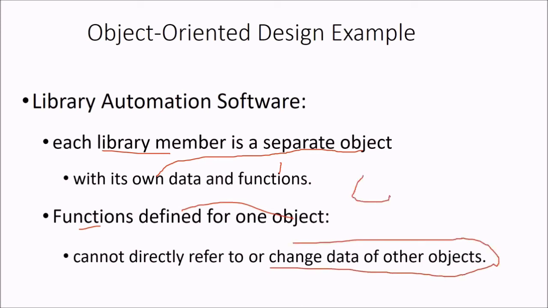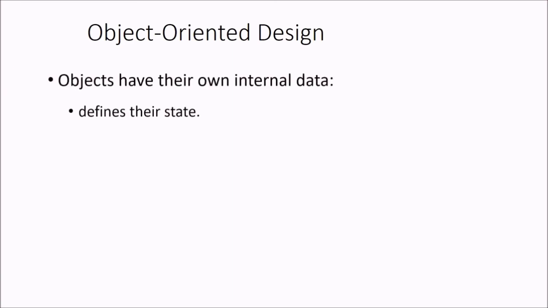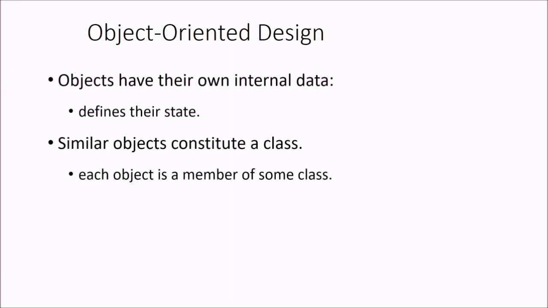So one object has its own data and functions, and other objects can call those functions, but they are not going to change the data of other objects. Objects have their own internal data, which defines their state. Similar objects constitute a class.